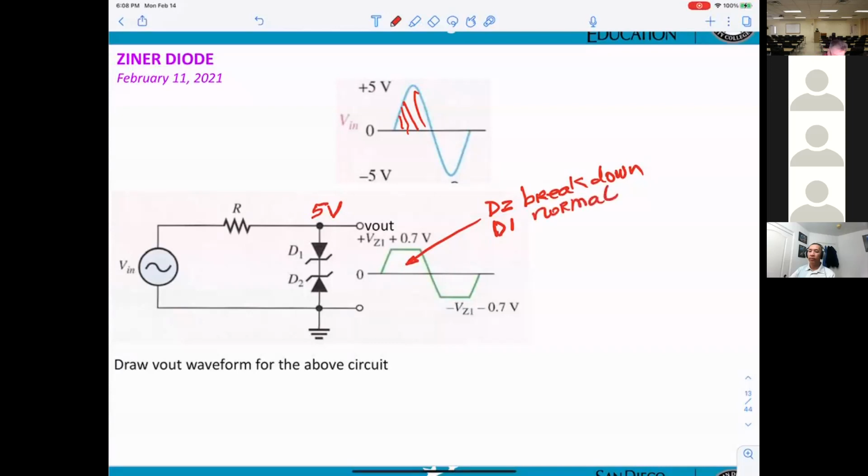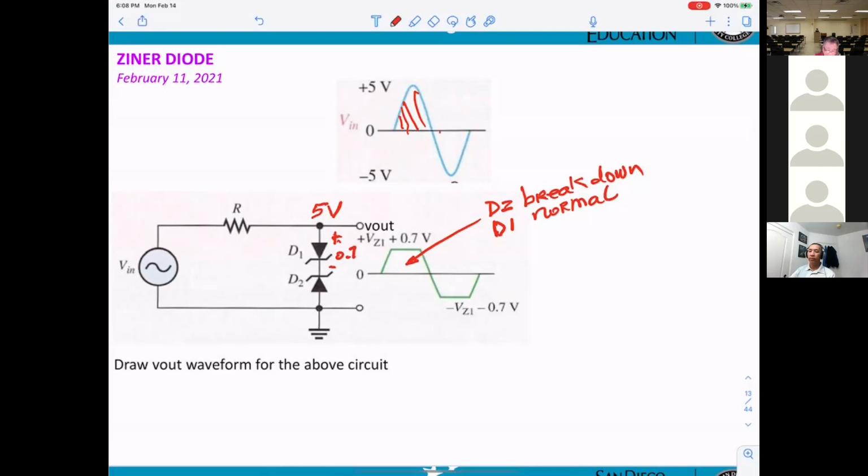D1 normal, this side will be positive, this side will be negative, 0.7. So that's why for the positive part, the output will be equal to plus VZ of D2 adding to 0.7. I think that you get one positive, negative for 0.7.